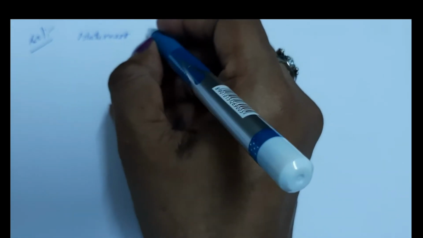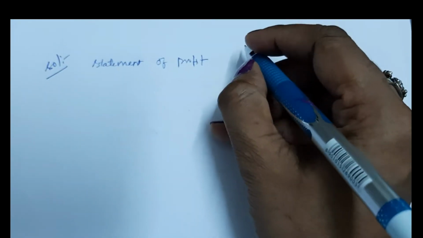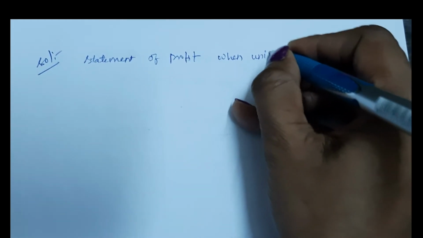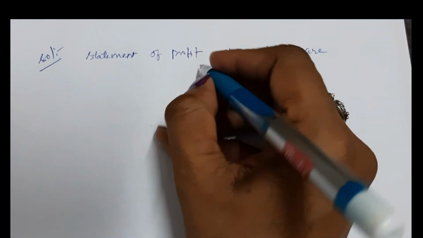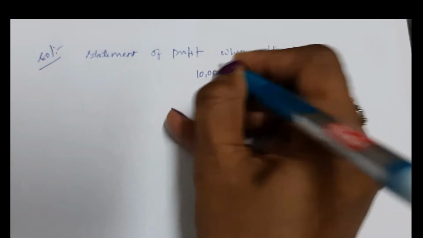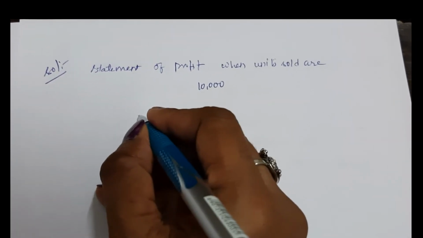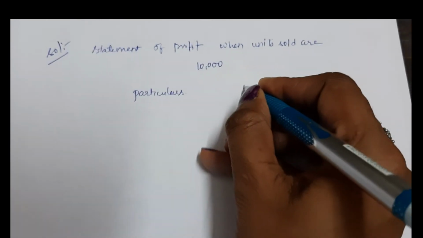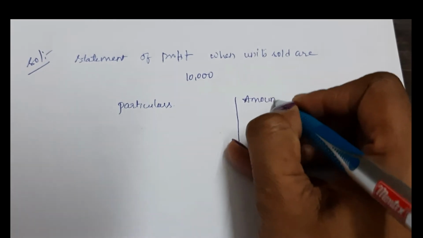Here it is the statement of profit when units sold are 10,000, for which we need to maintain two columns, particulars and amount in rupees.